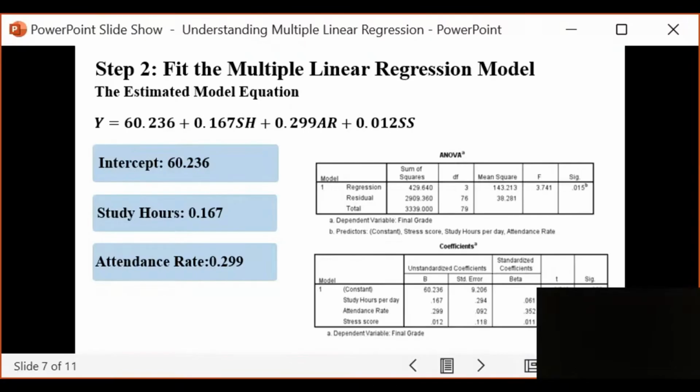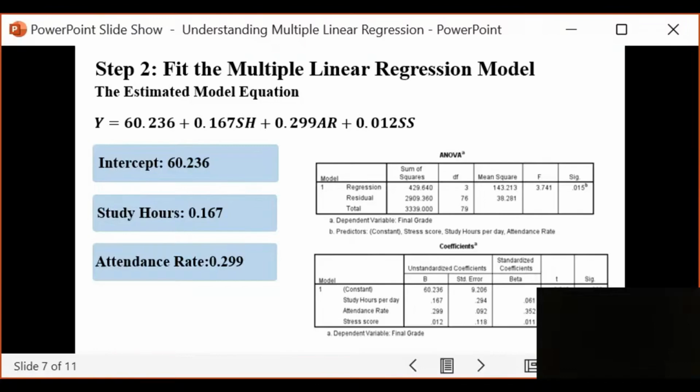Okay? Positive din kasi positive yung nasa table natin. Attendance appears to be the strongest predictor among the three, meaning students who attend classes more regularly tend to achieve higher grades. Yan ang interpretation yan.